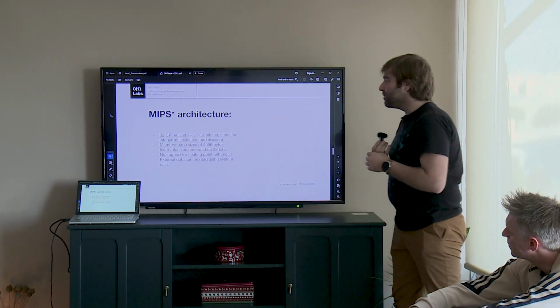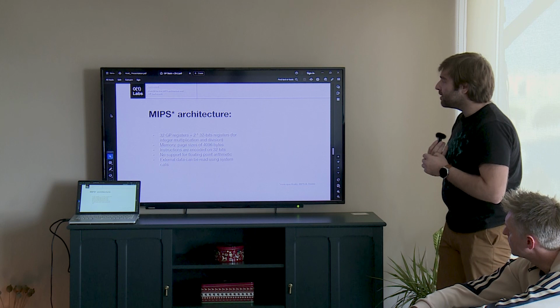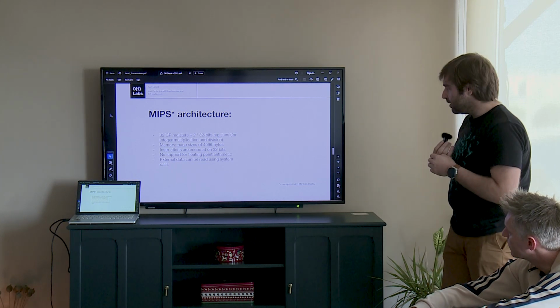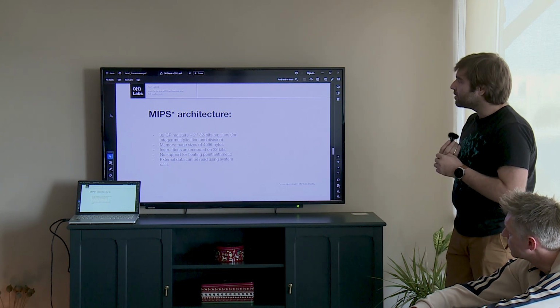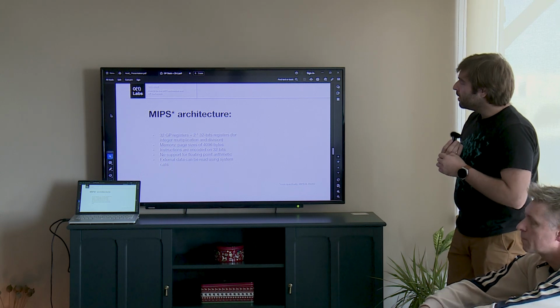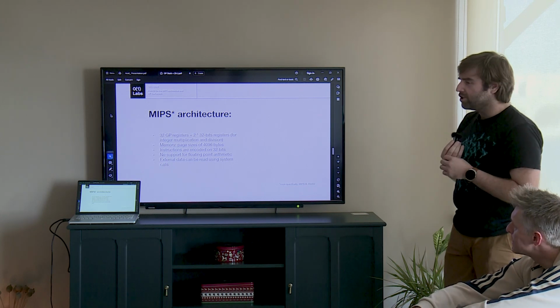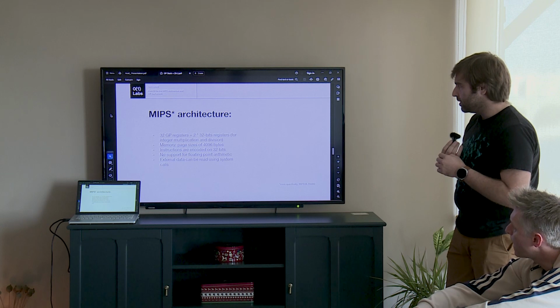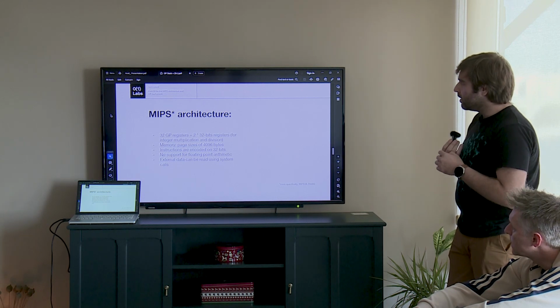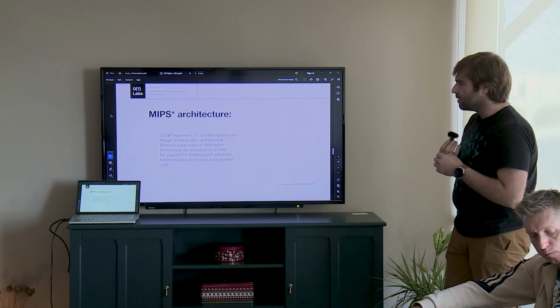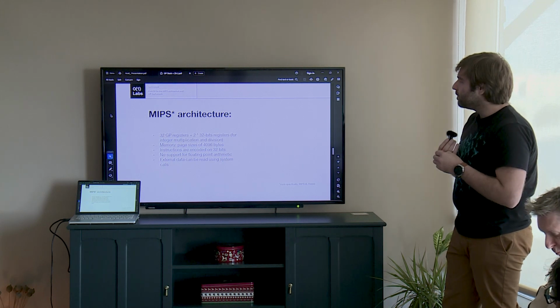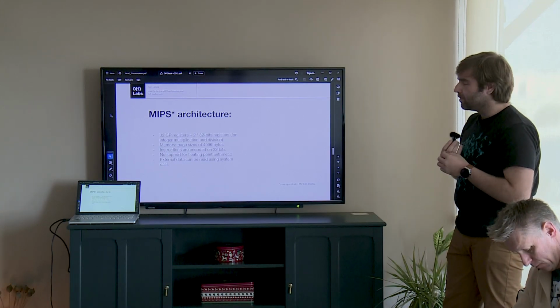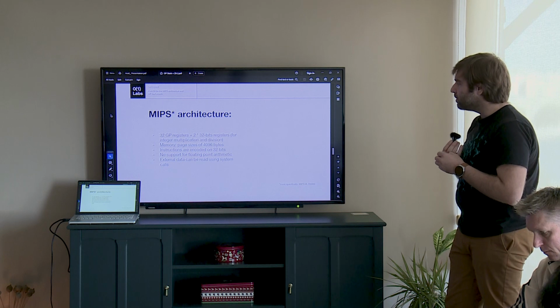The MIPS architecture that we've got to support is a very specific one. We've got 32 registers plus 2 other registers that are used for integer multiplication and division. There is a memory with a bit size of 4K. There is no floating point arithmetic to support at the moment.